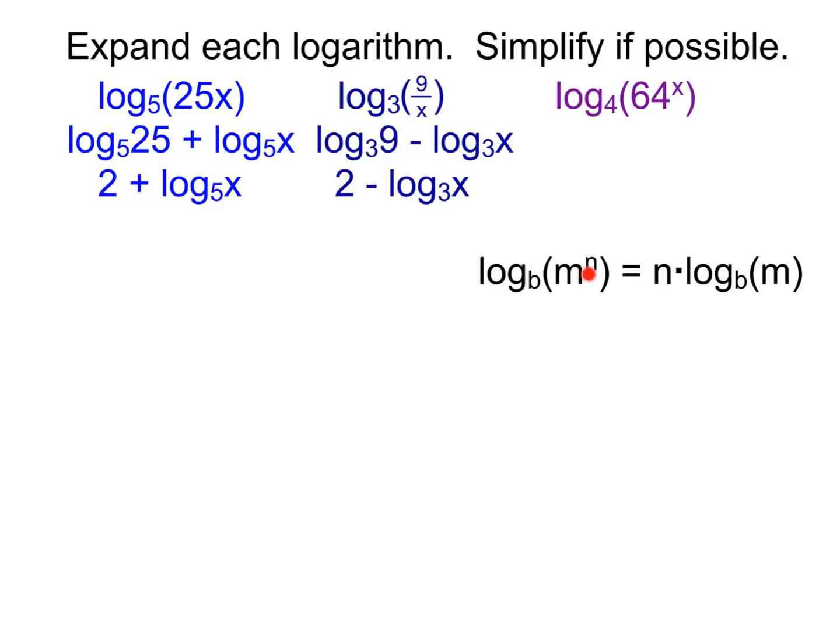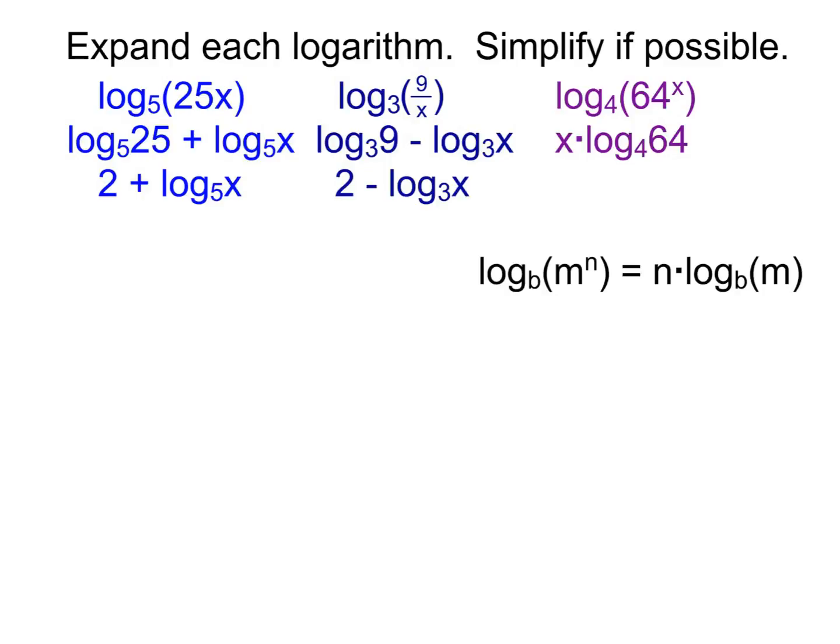That exponent ends up being taken outside of the logarithm. Since it was to the power of n, n comes outside. In this case, it's to the power of x, so x comes outside of the logarithm. You notice everything else about it stayed the same. The base stays the same, and whatever was raised to the power of x stays in there. So now it's x times log base 4 of 64.